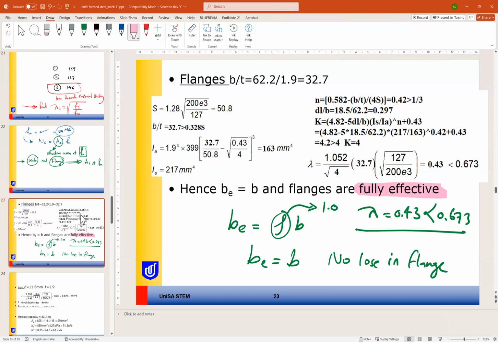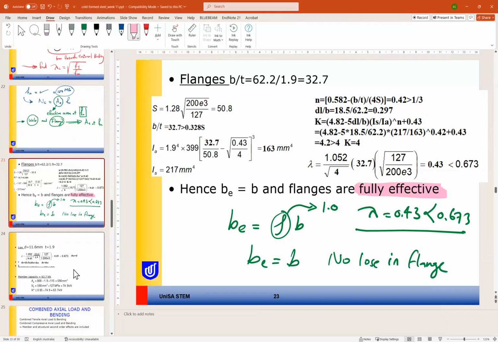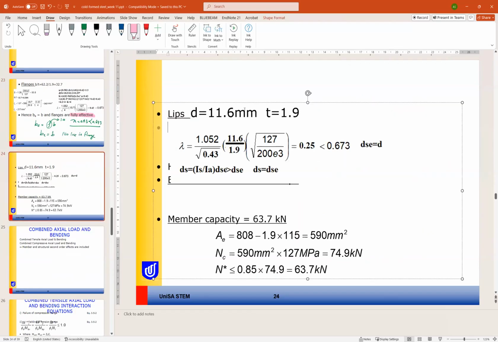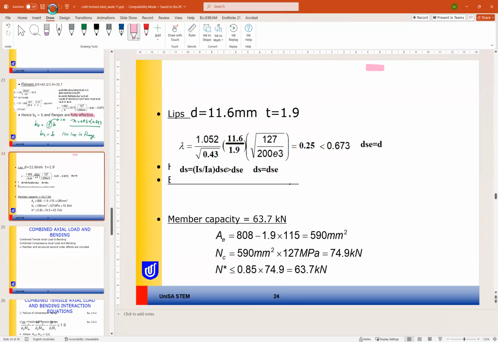That's why we will consider the whole flange. And now we have the lips. The lips for this section, the depth is 11.6 millimeter.